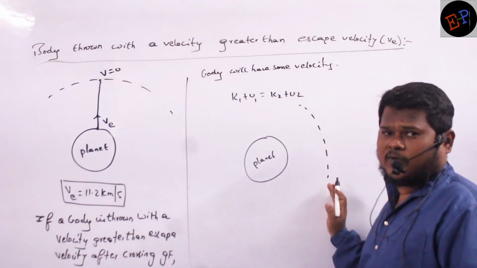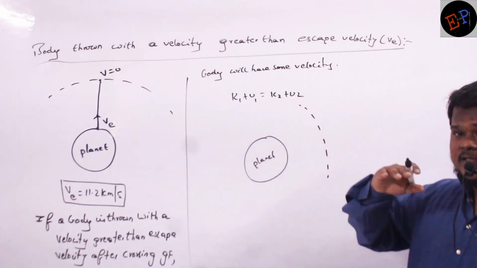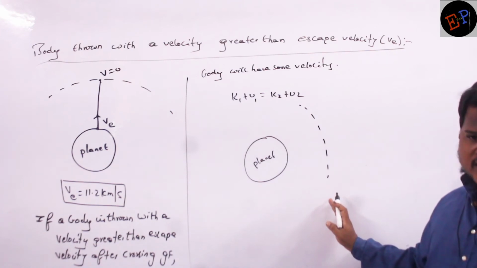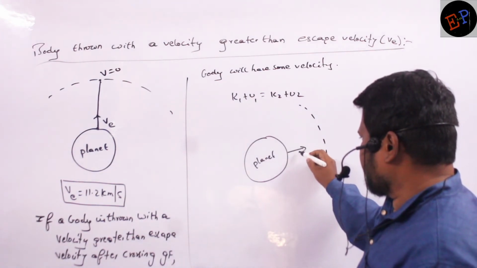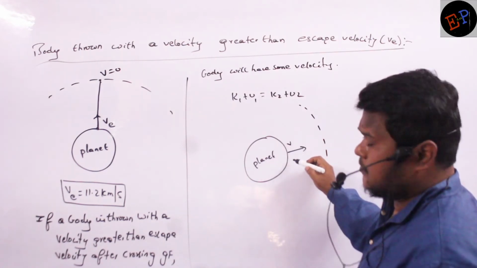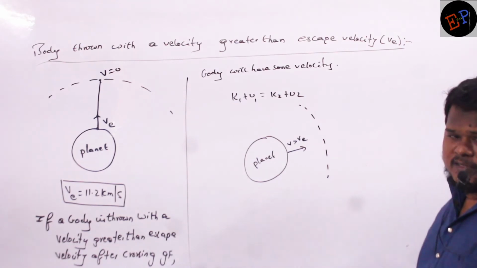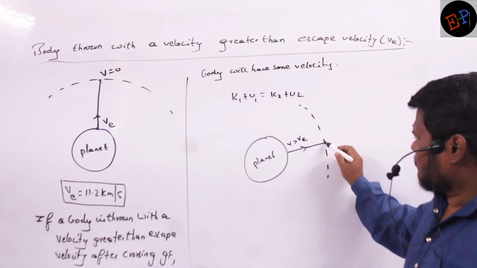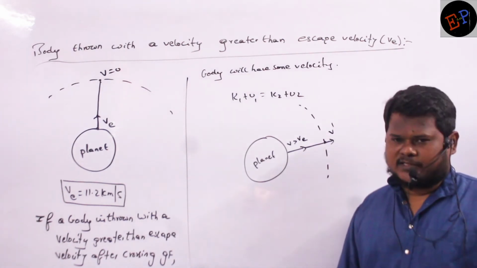See, there is no specific boundary. We cannot say the gravitational field exists only up to here, nor can we say it extends up to infinity. Theoretically, we are saying that this is the end of the gravitational field. From the surface of the planet, we are throwing the body with a velocity v, where v is greater than escape velocity. Then after crossing the gravitational field, it will have certain velocity, and let that velocity be v dash.